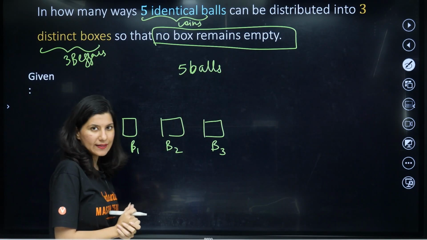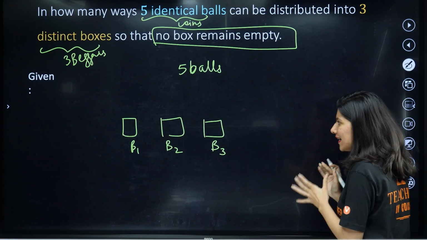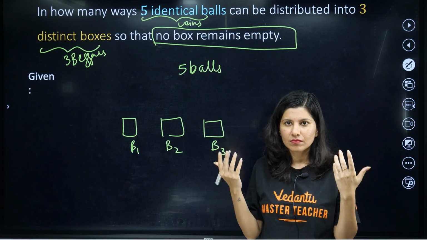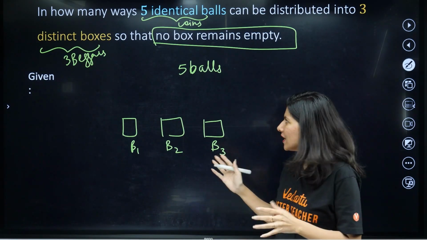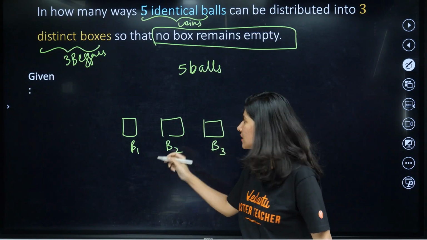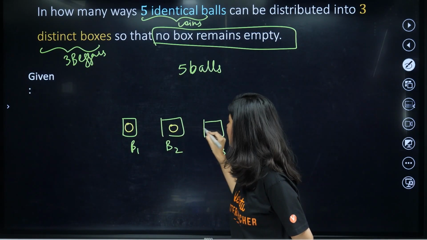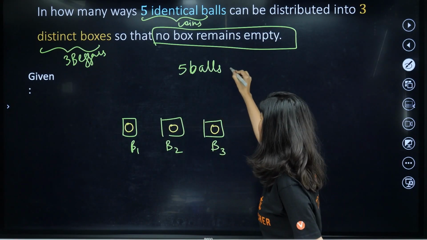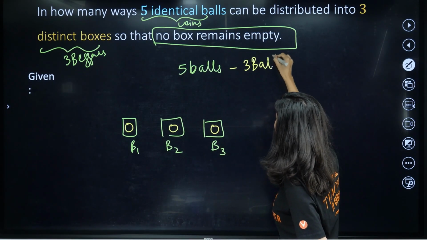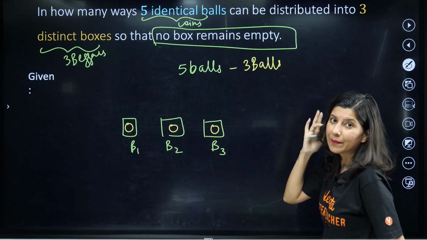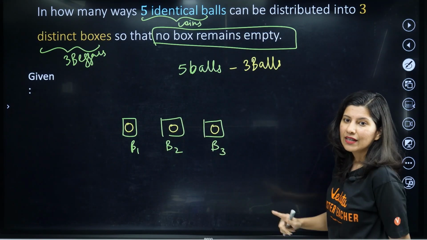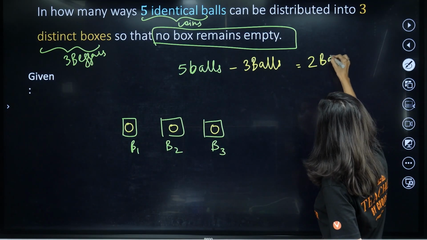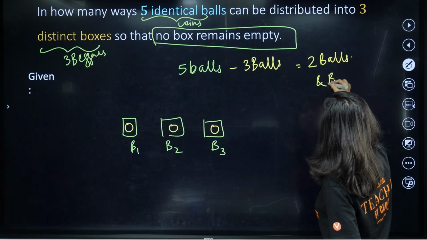Because balls are identical, there is only one way to do it: just take out 3 identical balls and give them to the 3 distinct boxes in one way. So 5 balls minus 3 balls, because we don't want any box empty. So now you have 2 balls and 3 boxes.